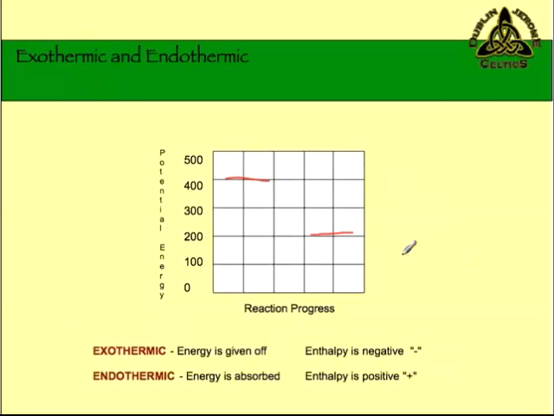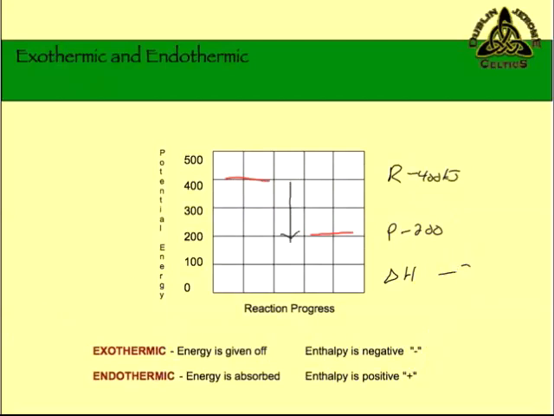And then there's two different ways we can measure this also. We're going to talk about exothermic or endothermic, and we just want to know if the enthalpy is negative or is it positive. Is it giving off heat or is the reaction absorbing heat? In this case, the reactants are at 400 kilojoules, and the products are down here at 200, so the enthalpy is going down.